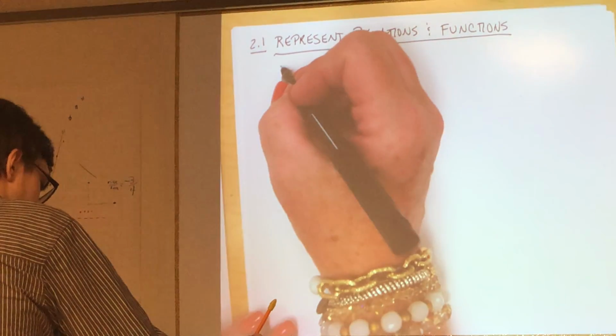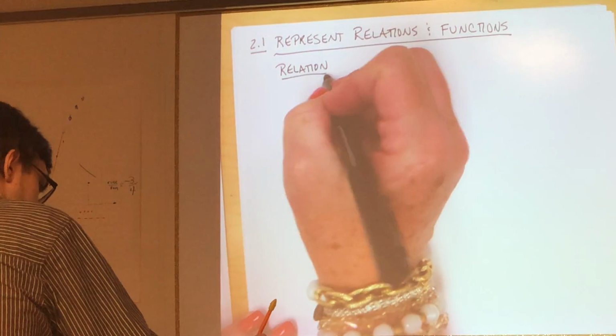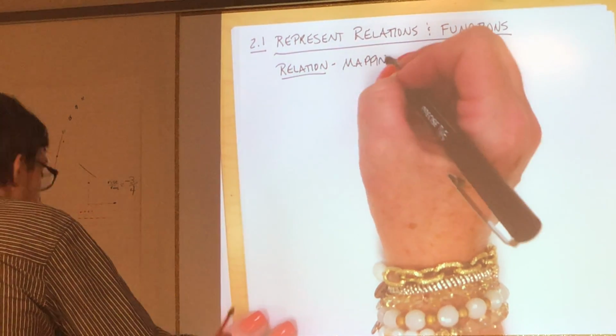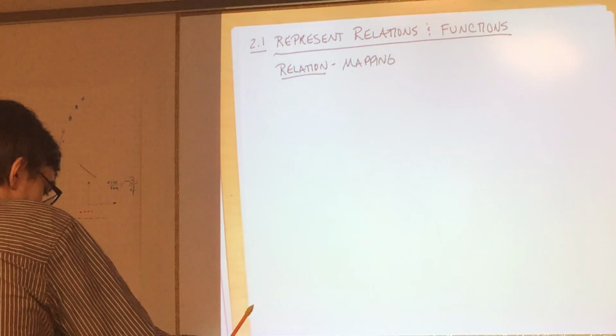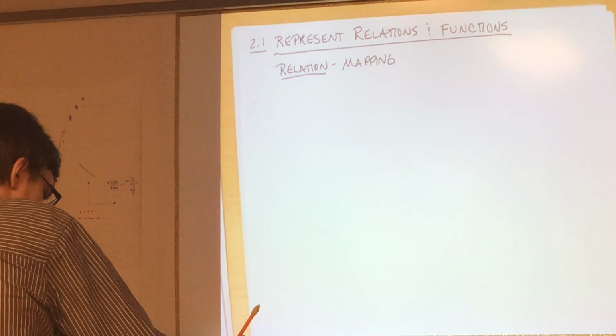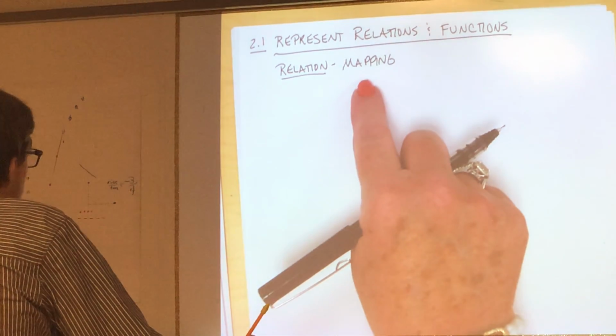Okay, so the first thing I want to do is define what a relation is. A relation is simply a mapping. Now, mapping is probably one of the most difficult of all the things that we're going to do. This is probably the hardest one.